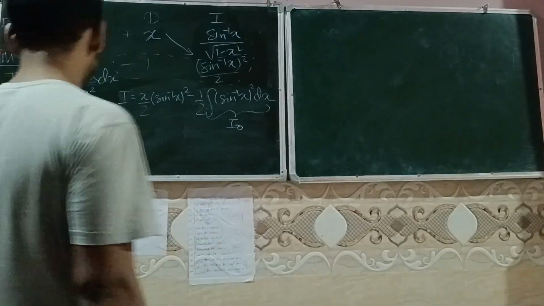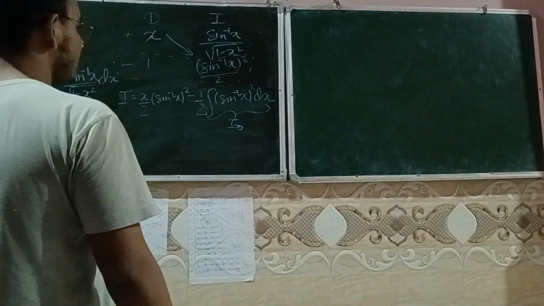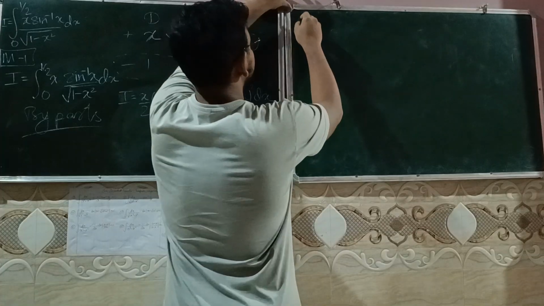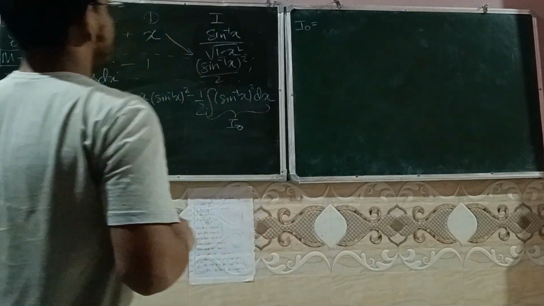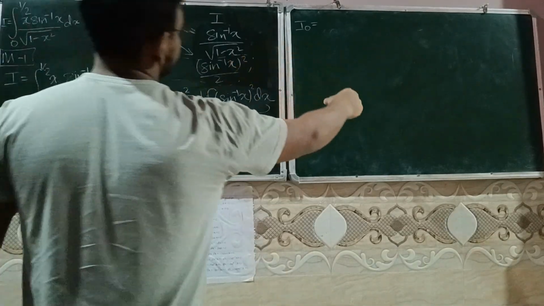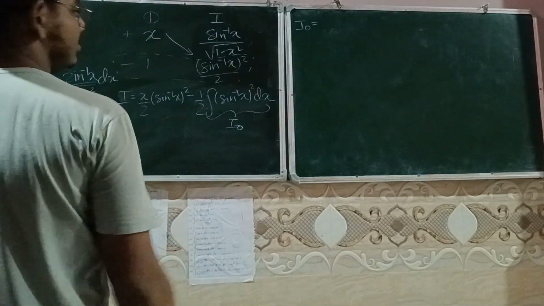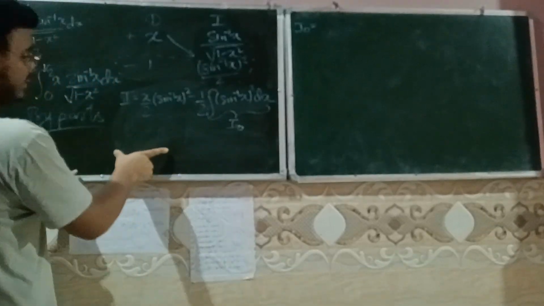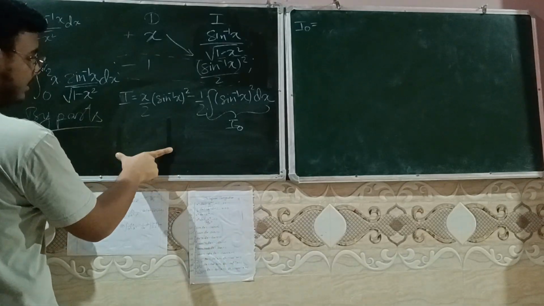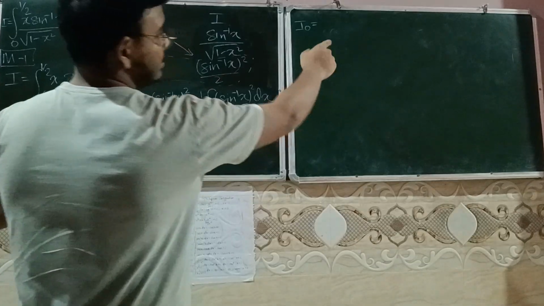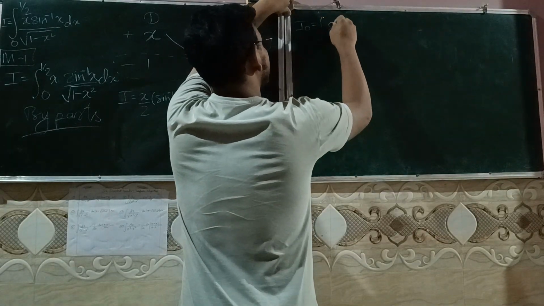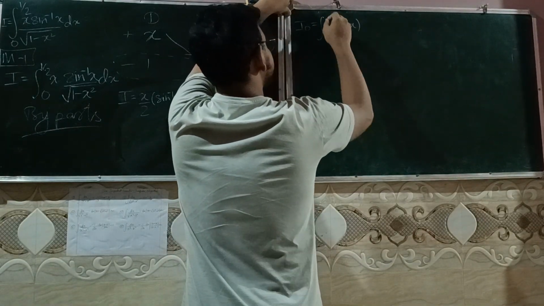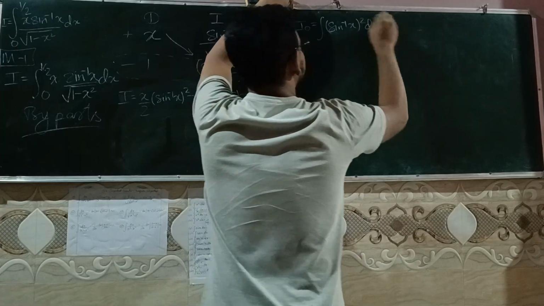Sorry, I'm coming to this board, and I cannot distribute first method and second method over here, but I will try, because the answer of my first method will be right here, and I will use that for the second method only. So I naught is the integral of sine inverse of x whole squared dx.